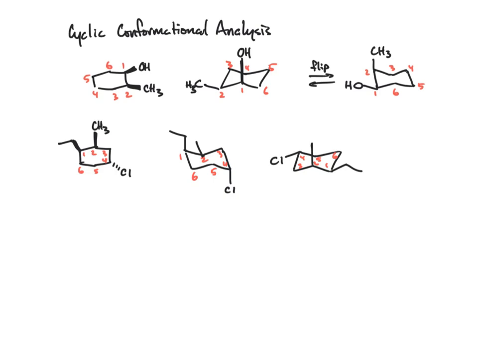So the things that were axial become equatorial. The equatorial become axial. So I didn't draw it like a normal chair flip like you would see, with 1 going down and 4 going up, but just the fact that I renumbered it, it's a chair flip but looking at it from a different perspective.